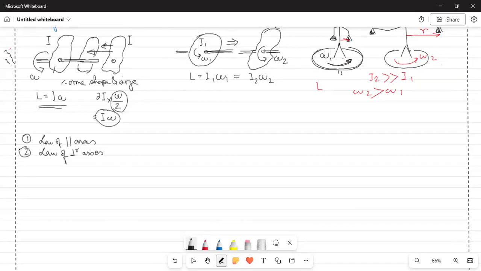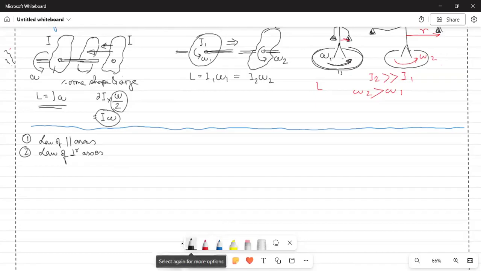Let us take first the law of parallel axis. Law of parallel axis, and we draw a line here to indicate the different lessons. Let's first try to find out the law of parallel axis.